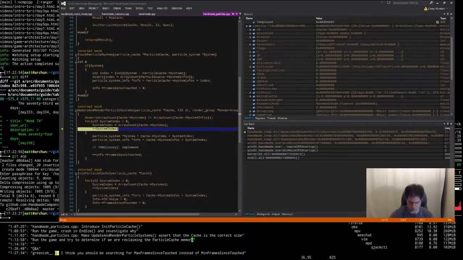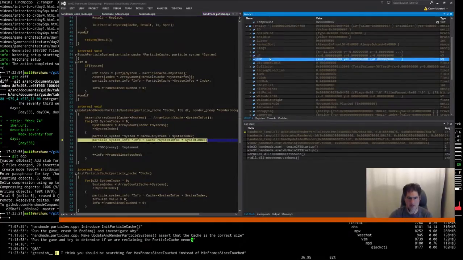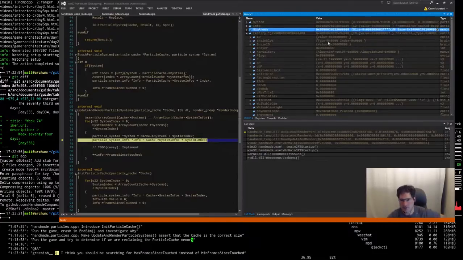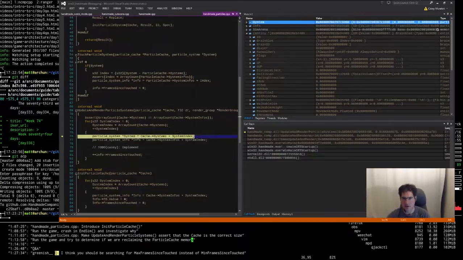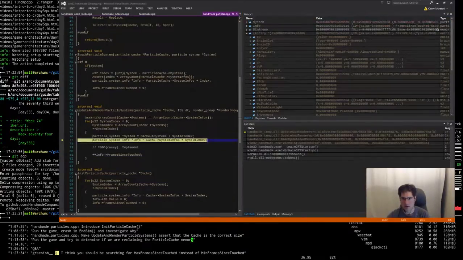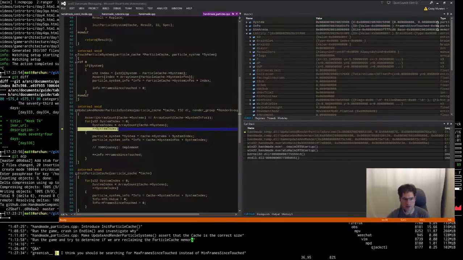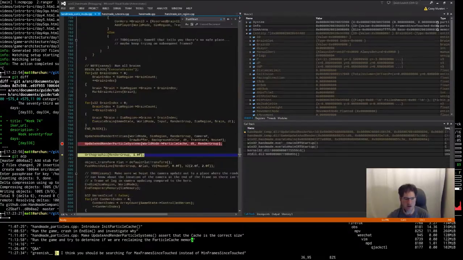And let's also take a look at what these pointers are. Like, are we anywhere close? And we really aren't. Like, we're not gonna hit it, I don't think. So that didn't get touched, right?